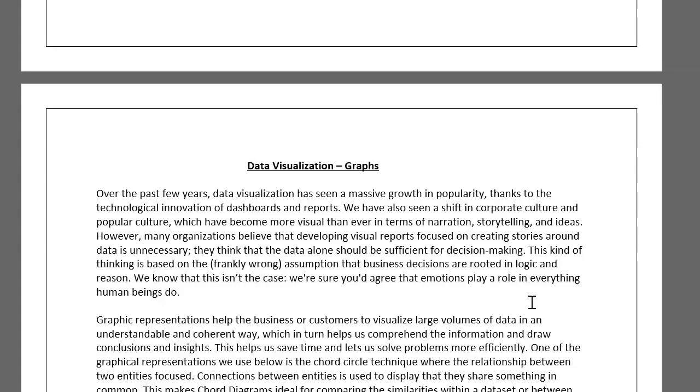This graphical representation is used for customers, end users, and the business to address large volumes of data, and in turn it gives us conclusions or insights from the data, like what can be done, how time can be saved, and what can be done better and more efficiently. In that way, we can come up with a better relationship.